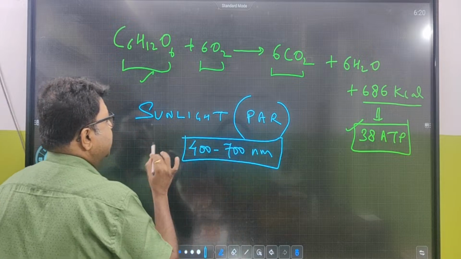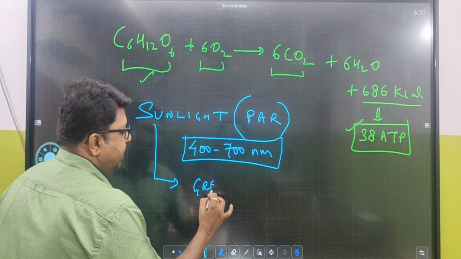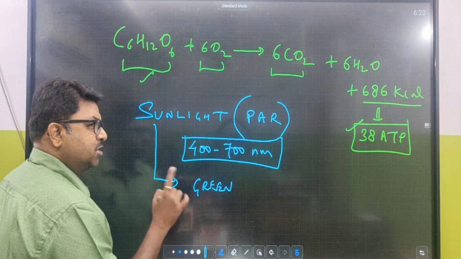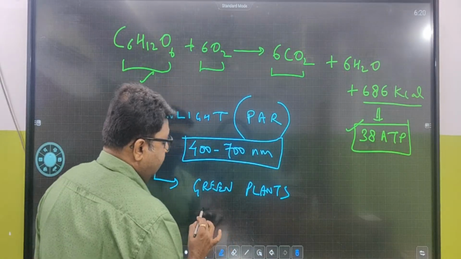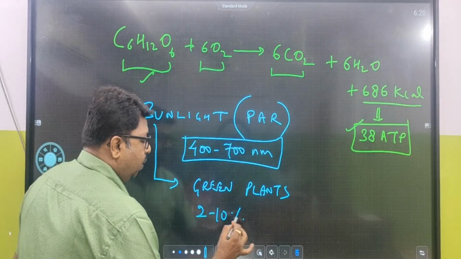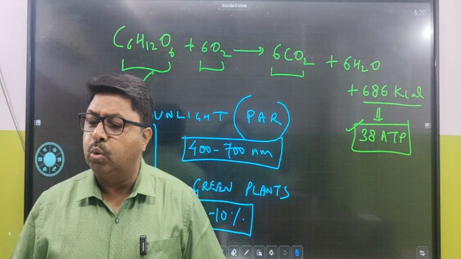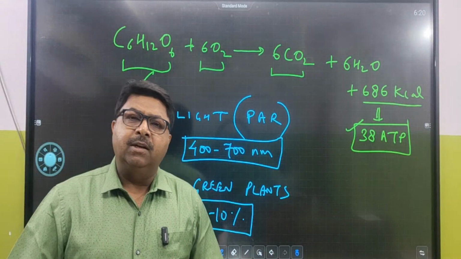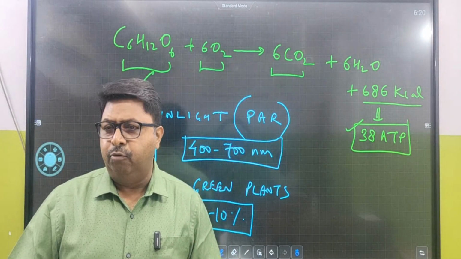And what percentage of the total sunlight is being accepted by the green plants for making food? Photosynthesis korar jonne? Yes, what is the percentage of sunlight which is absorbed by the green plants? In the world, 2 to 10% of the total solar energy is utilized by the green plants to make food.